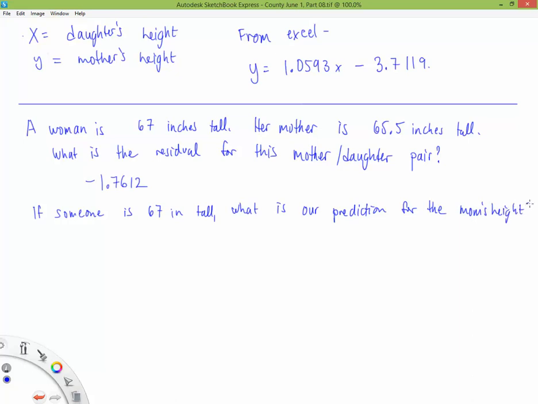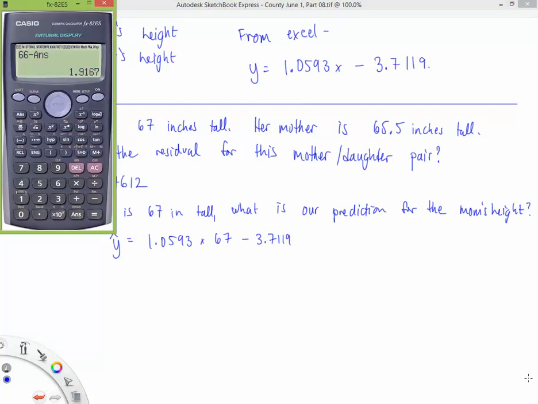For this, all we do is we plug 67 into our equation. So we get y hat is equal to 1.0593 times 67 minus 3.7119. You just punch 1.0593 times 67 minus 3.7119 into your calculator. Boom, 67.2612.